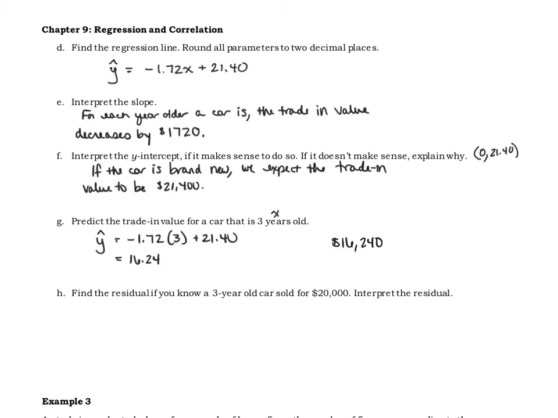And then find the residual. So again, that is the error, and that is the actual value, the y value, minus the predicted value, which is y hat. Okay, so the actual value would be that $20,000 that the car sold for. The predicted trade-in value was $16,240 for a difference of $3,760.